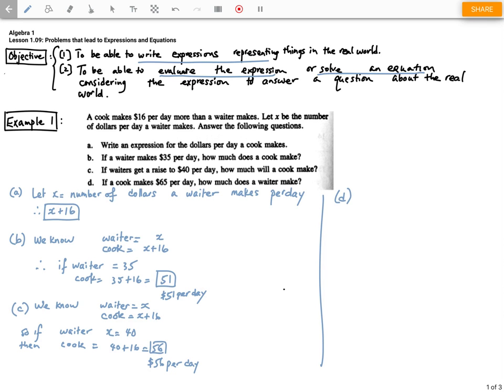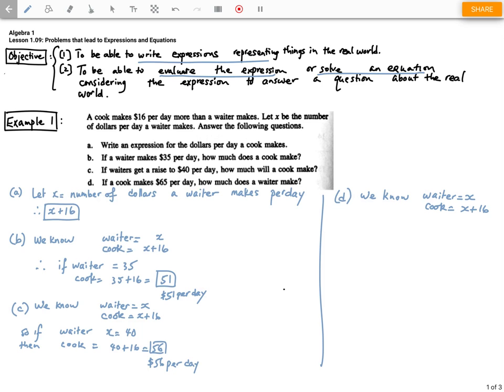Let's try 1D. If a cook makes $65 per day, how much does the waiter make? Okay, we know waiter equals X dollars, cook equals X plus 16.